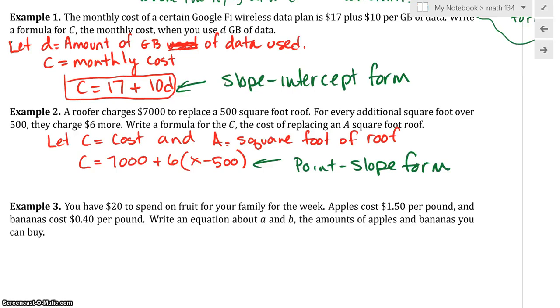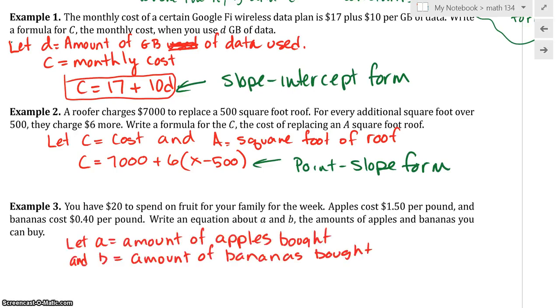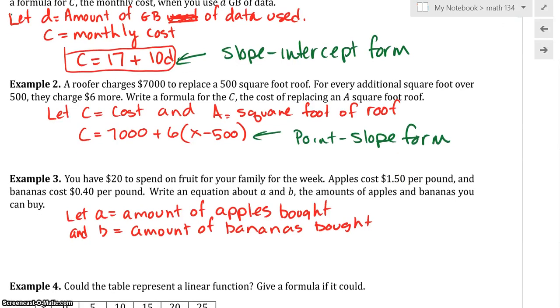So what are we going to do? Again, I'm just going to start with the unknowns. A is the amount of apples that you buy, and B is the amount of bananas you buy. Okay. So you have $20 to spend on fruit, and that is a total. So the total is $20 that you have to spend.